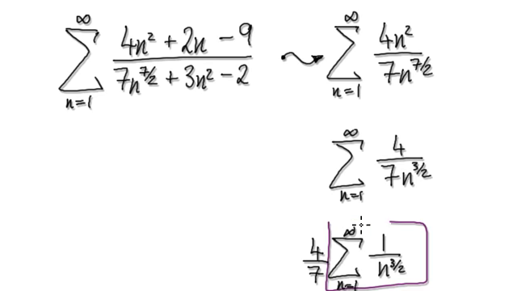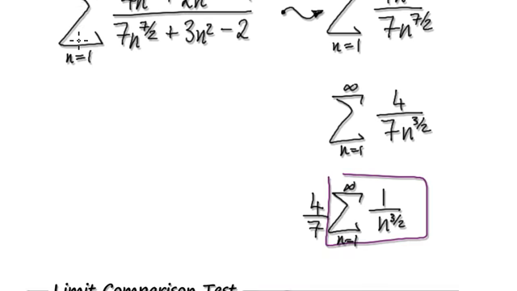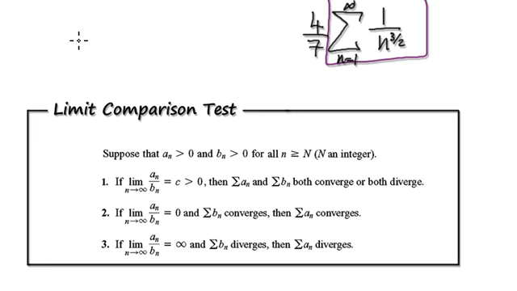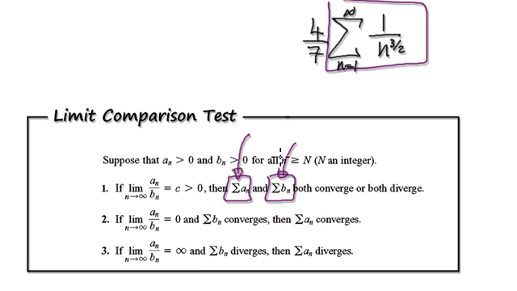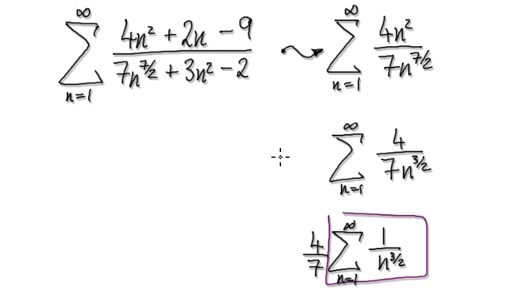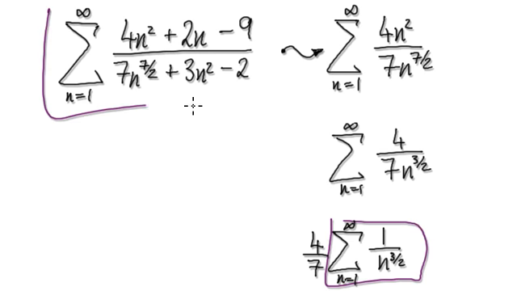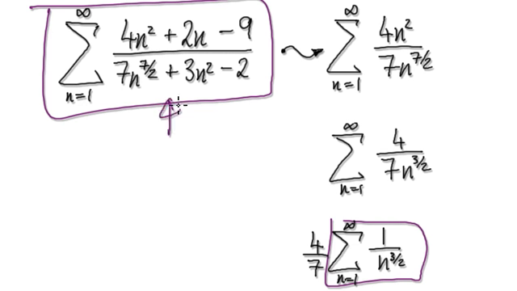Normally, if you look at the limit comparison test, you want to know something about this series, and you would compare it with something that you know about. Well, in our case, we know something about this series here. So with the limit comparison test, this is what we're trying to investigate. We know nothing about this, but then we know something about this.